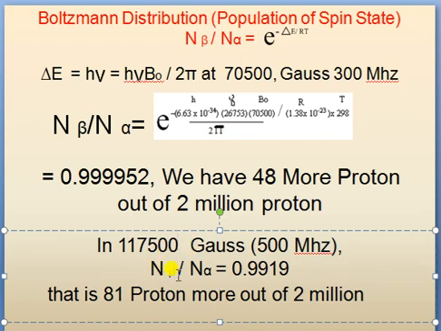So the ratio n beta by n alpha equals 0.9919 in 2 million protons. Out of 2 million protons, only 81 protons will now give this signal.